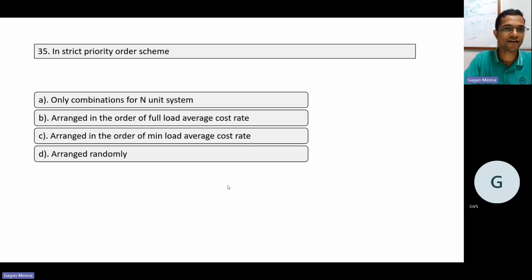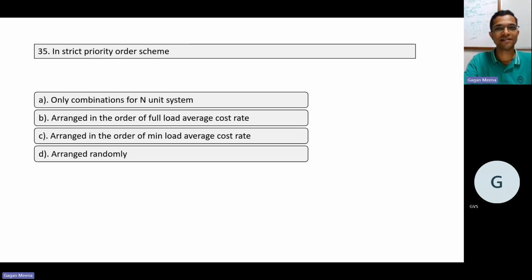In the strict priority order scheme, the only combinations are for the unit commitment. We make a scheme based upon the demand. If demand is beyond this level, then all the units should be on.